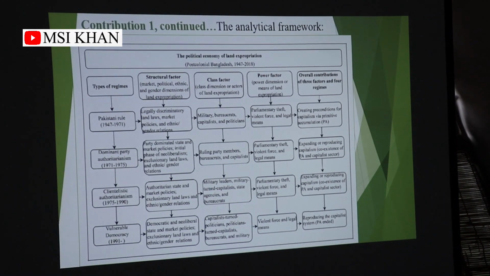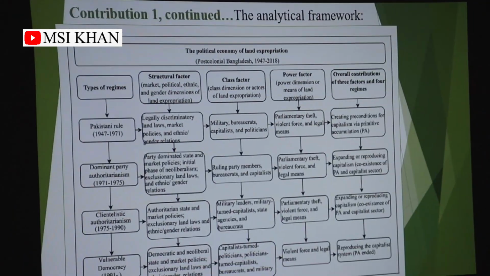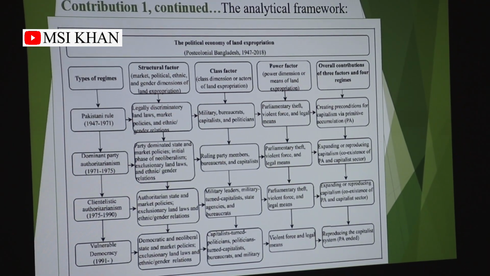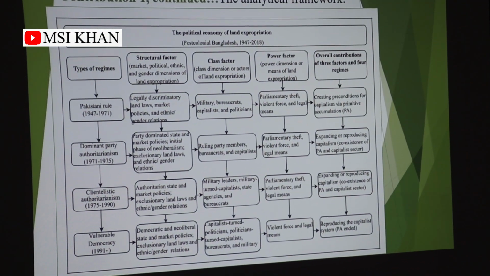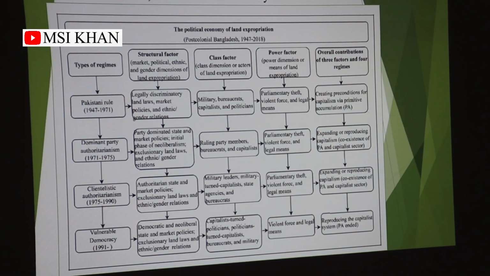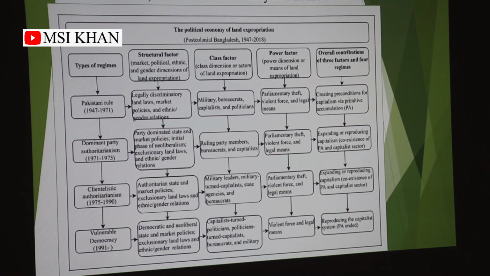You can see here the structural factor, second column. The third column, class factor, then the next column is a power factor. I'm saying that these three factors reinforce each other. What does a structural factor mean? I mean the market organization, state organization, how they actually work. The class factor is the bourgeois people, capitalists, and all other people here, those who have at least capitalist interest.